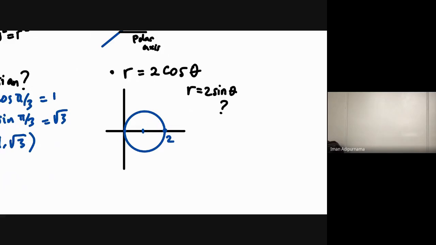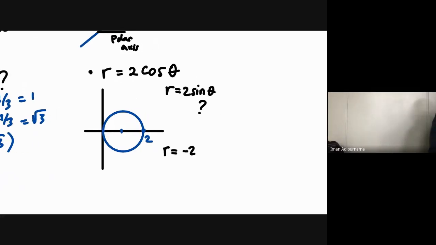What will happen if r is negative 2 cos theta? The easy way to remember the negative is that we need to mirror, right? So negative 2 cosine theta is on the left. What will happen if negative 2 sine?